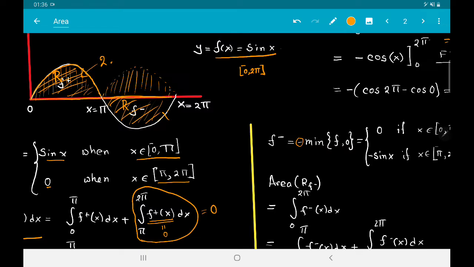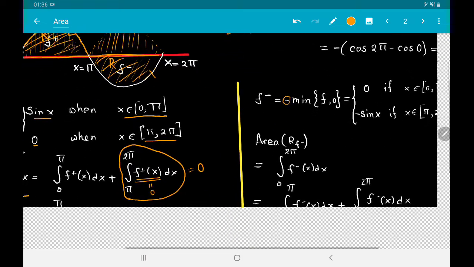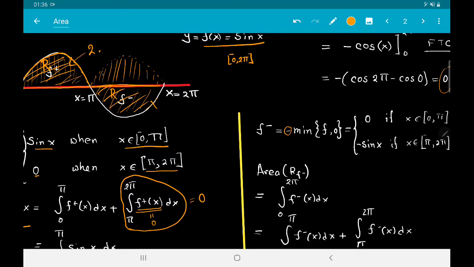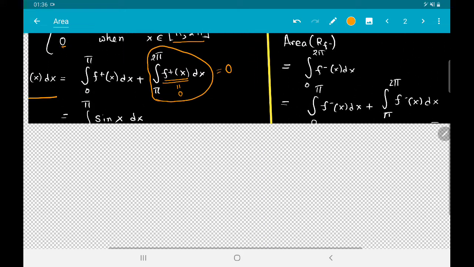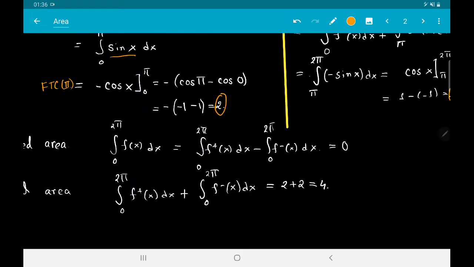So this is R_f minus, and this area is also equal to 2, and the total area of the region which is bounded by the x-axis and sine x in the interval 0 to 2 pi is nothing but 2 plus 2, which is equal to 4.